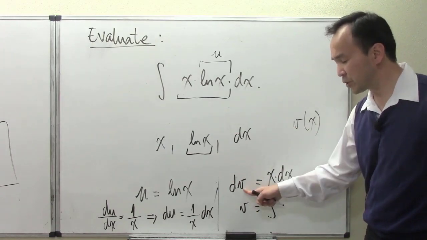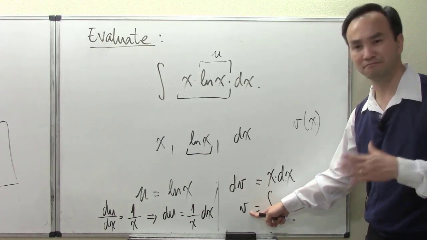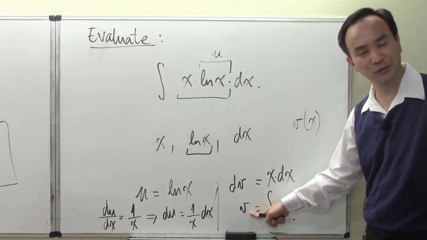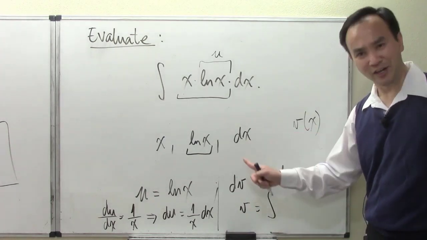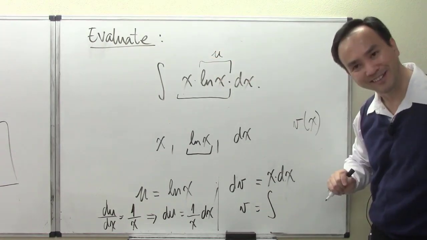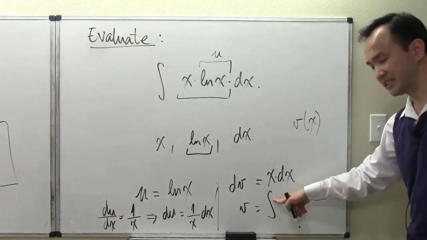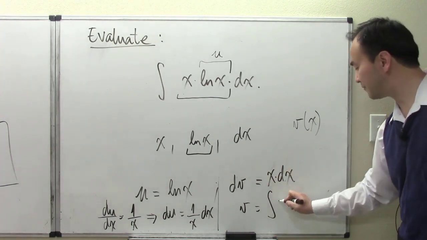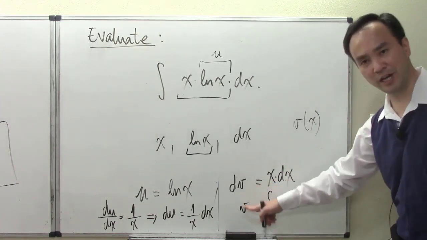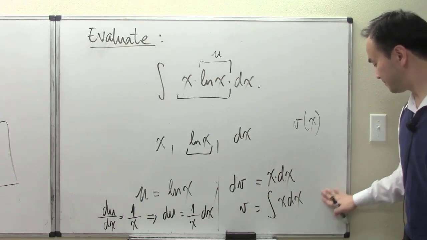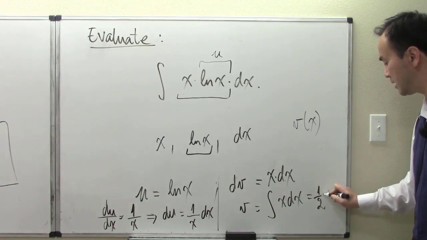So to find v, that's the whole reason why we've learned in earlier video lessons what antiderivative means. An antiderivative is this integral work that we're doing. And so v equals the antiderivative, or the indefinite integral, of x dx. This is now a very simple integral problem, and so this is going to be 1 over 2 x squared.